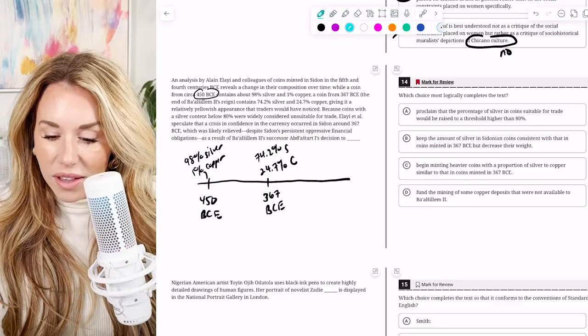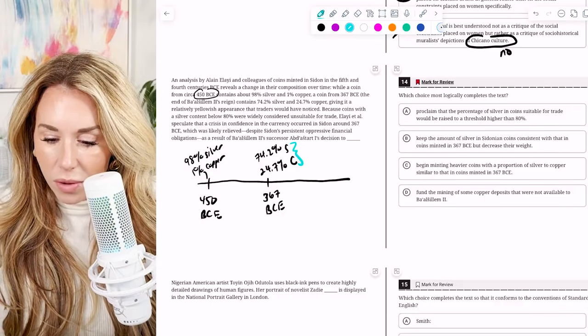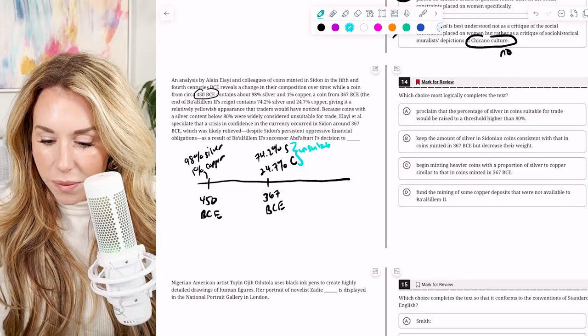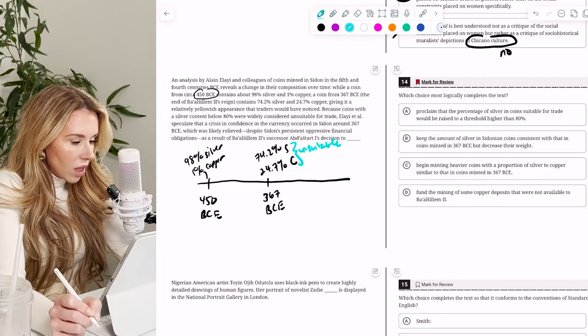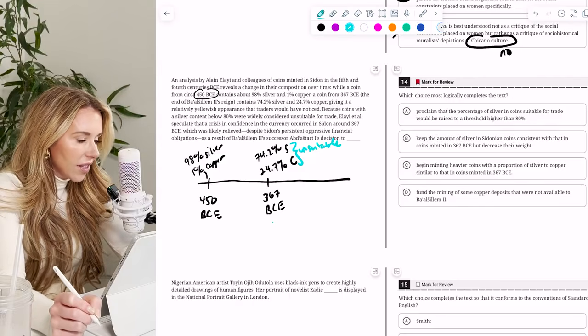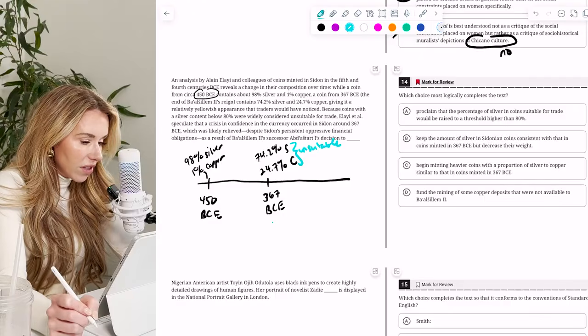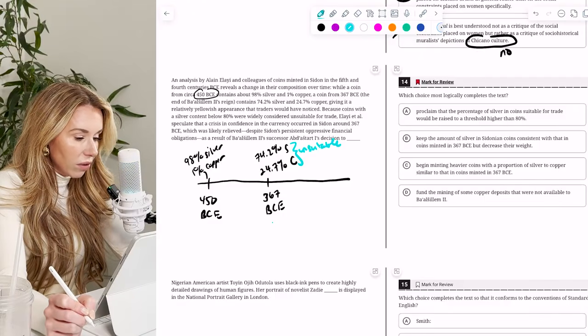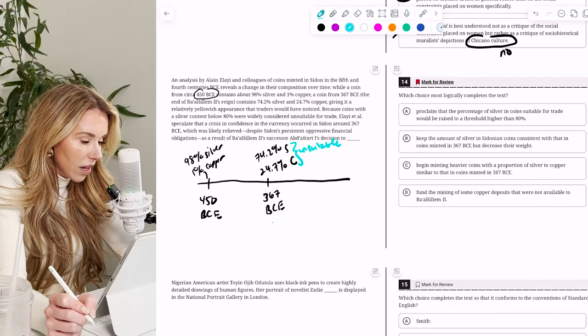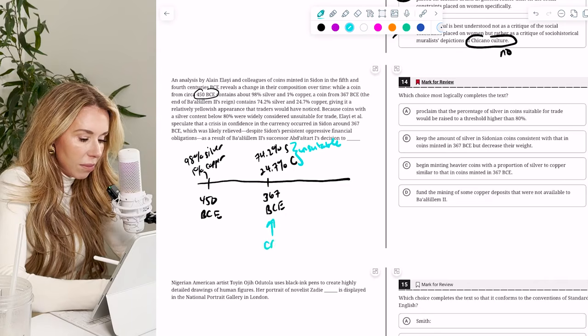Okay, so that means that these ones were unsuitable for trade. E and colleagues speculate that a crisis in confidence in the currency occurred in Sidon around 367 BCE, which was likely relieved. Okay, so a crisis happened here.